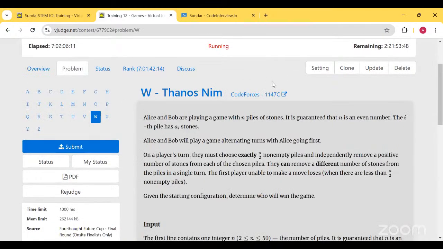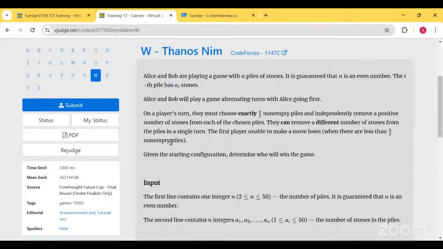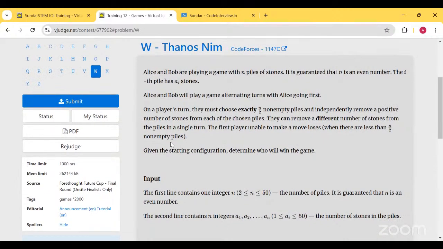So let's continue to the previous problem, which is problem W. Another name game.